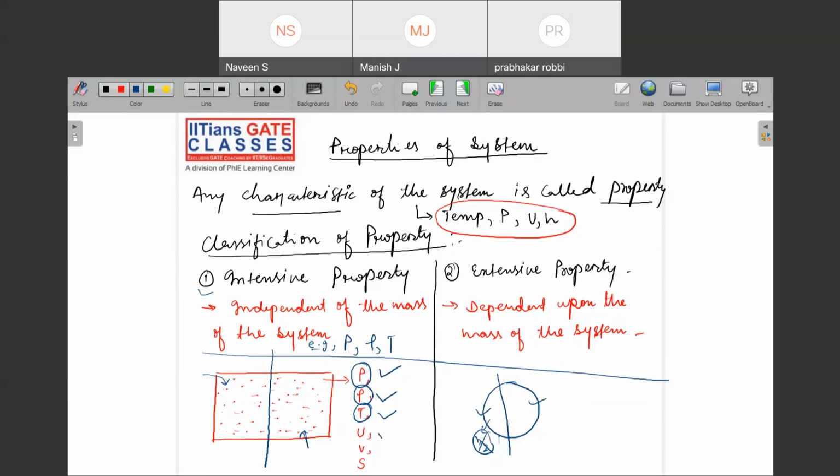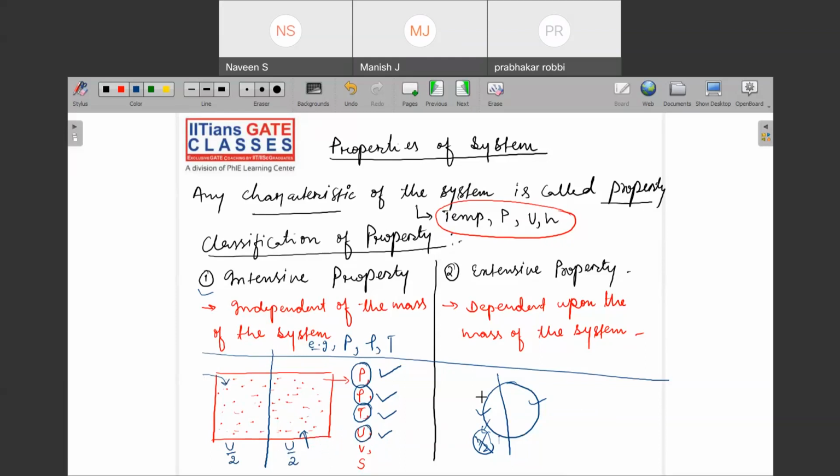Now let us talk about internal energy. Energy is very much dependent upon mass. Why? Because this system as a whole constituted this much energy, but now since you have divided it, this part will have half of the energy and this part will have half of the energy.